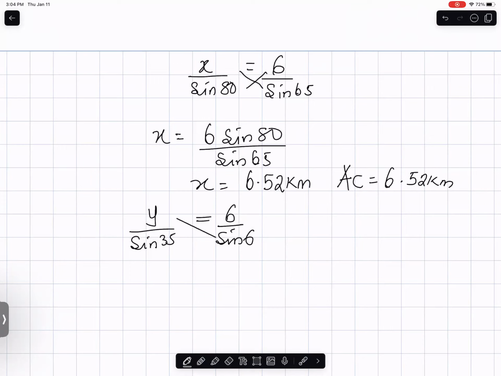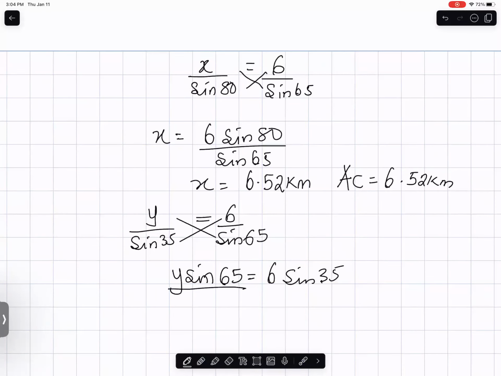So we cross multiply. So I have Y sine 65 equals 6 sine 35.